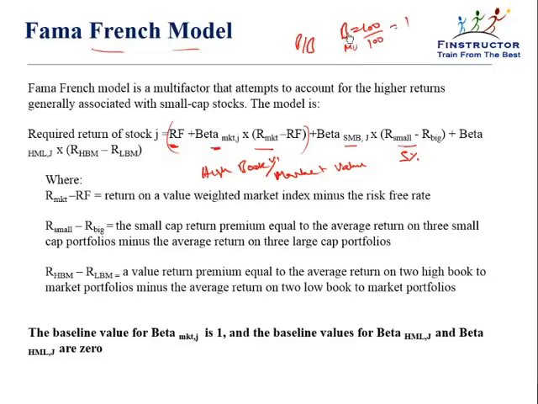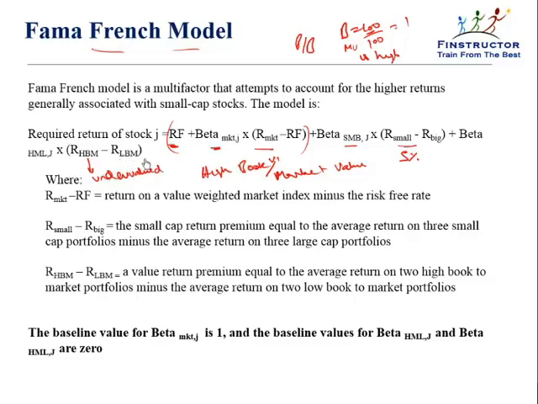That means this is how much shareholders have invested in the business. Book value is what the shareholders have invested in the business or what the company has retained from the shareholders, and market value is the current price. If book to market value is high, that means the company is undervalued, or let's say it has a lower valuation.